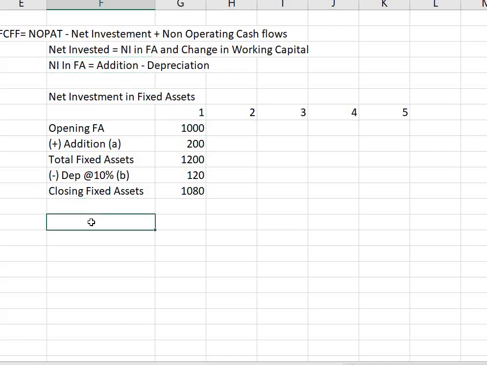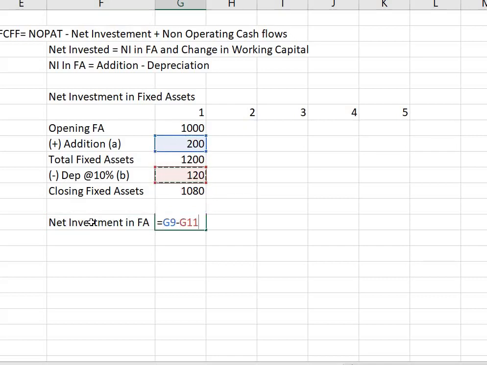So for calculation of net investment in fixed assets, my addition minus my depreciation is my net investment in fixed assets, right? Now very important, this closing fixed assets is the closing of the first year. The closing of first year will become opening for the next year.